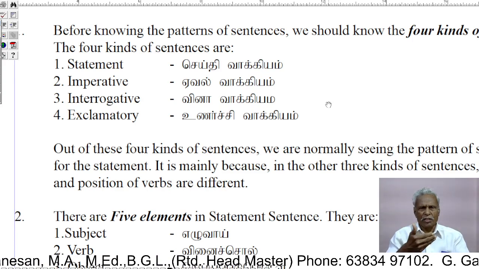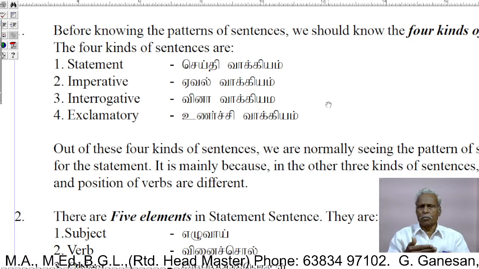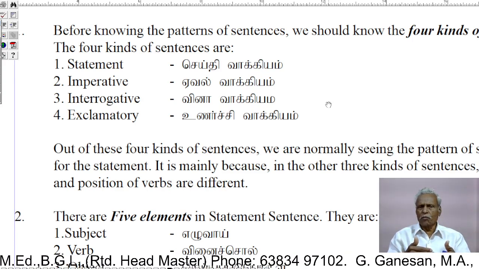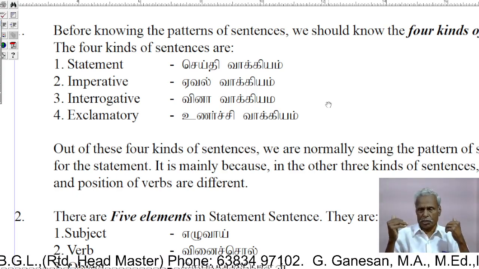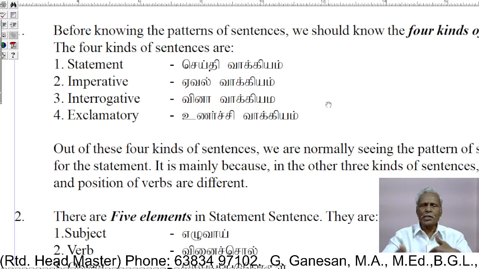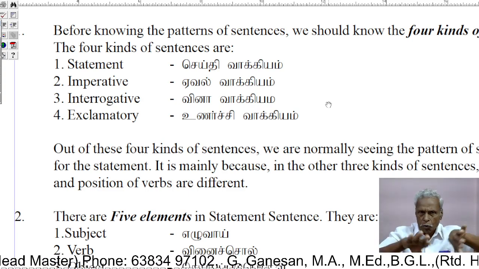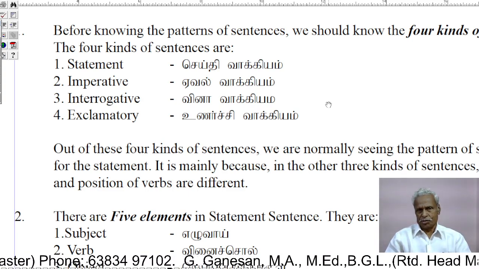So first we learn the pattern of the statement, then from the pattern of the statement, we move to other kinds of sentences.